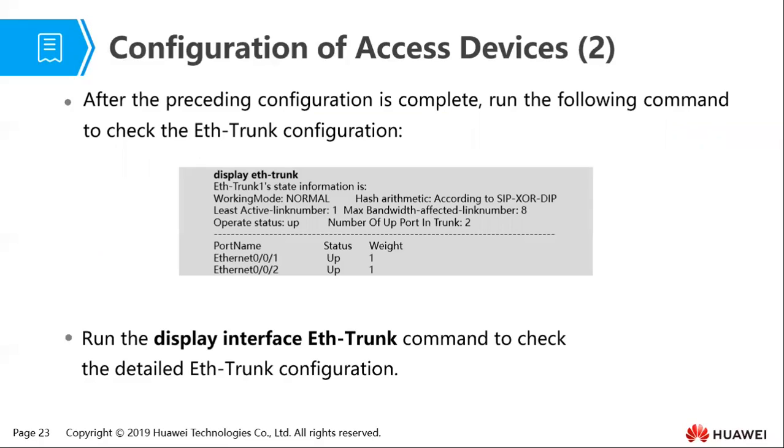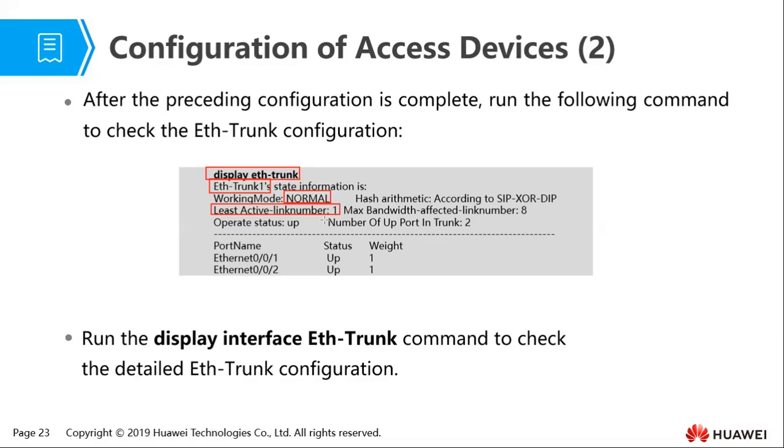After we've done that, we can always run the display eth-trunk command, then the Ethernet trunk ID. But when you don't specify the ID, it goes to the very first Ethernet trunk, which is Eth-Trunk 1. We can see the working mode is normal. We can see the least active link number.